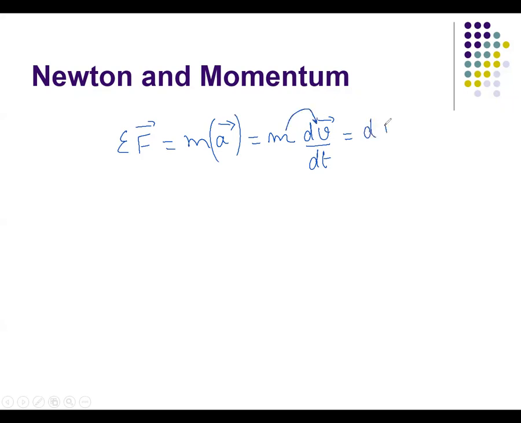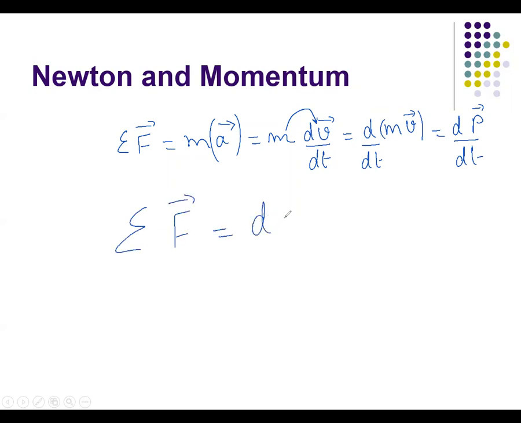So we get d(mv) divided by dt, and mv equals p. So equals dp divided by dt. This is the relation between F and the momentum: dp/dt.